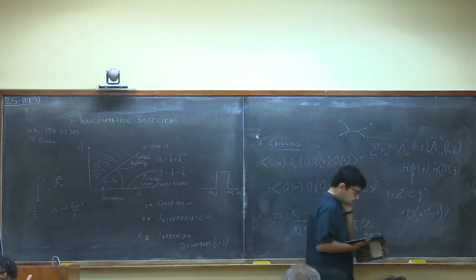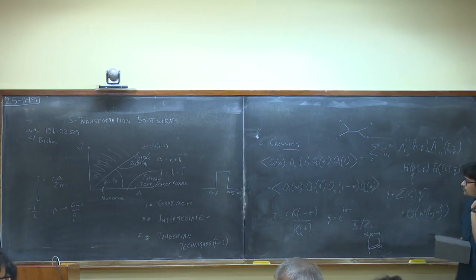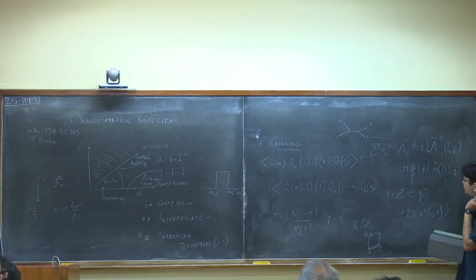But if you now replace all these O operators by identity operators, does this manifestly go to the partition function? It should go to the partition function. That's some triviality. But it's becoming a torus partition function, right? No, it is not.